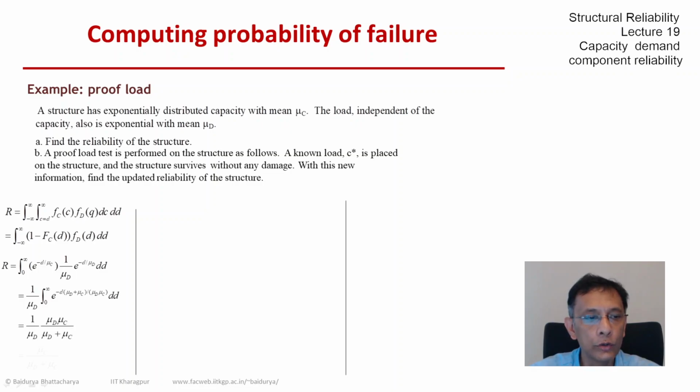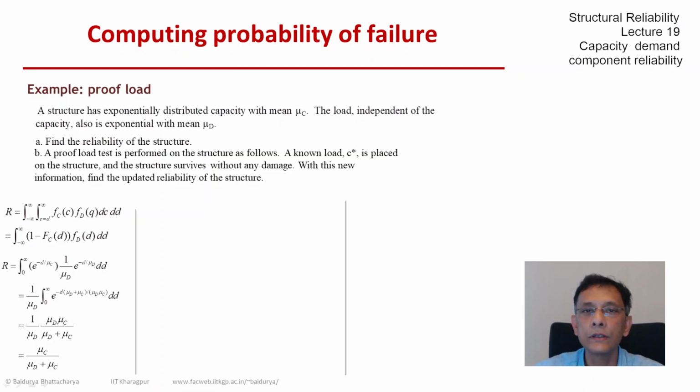And if we go through the algebra, we can show that the reliability is the ratio of the mean capacity over the sum of the mean demand plus the mean capacity. So the higher the mean capacity in relationship to mean demand, obviously our reliability becomes higher and higher.